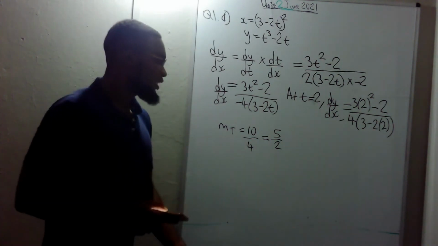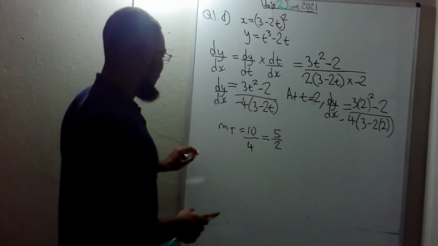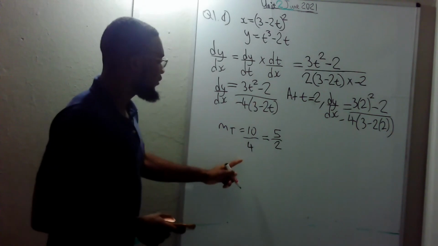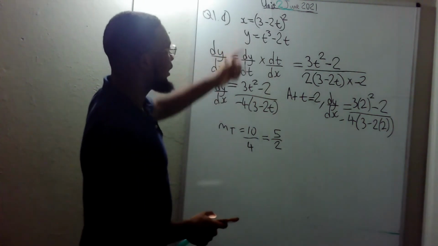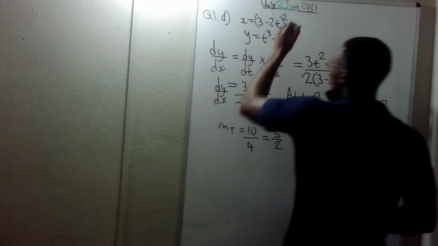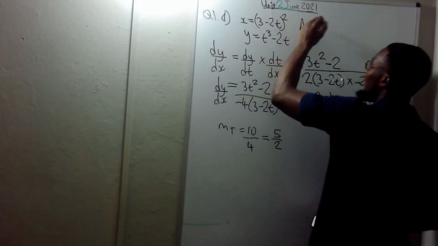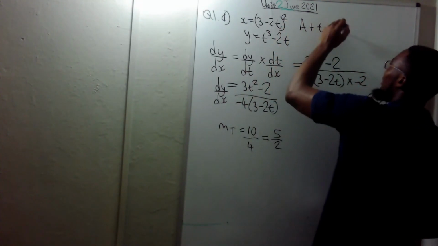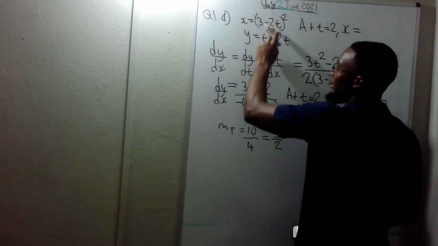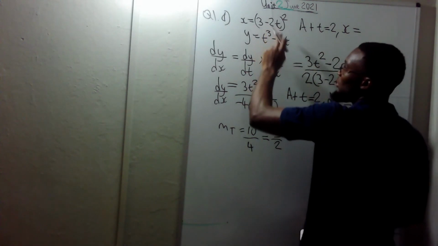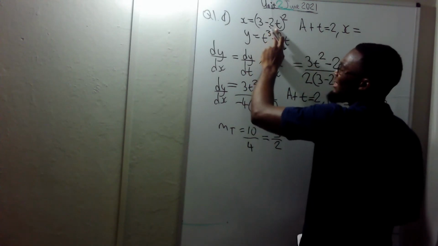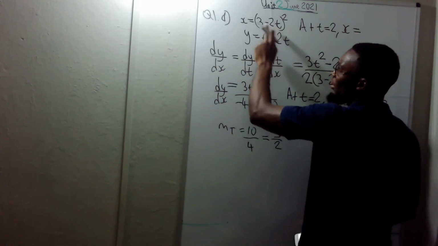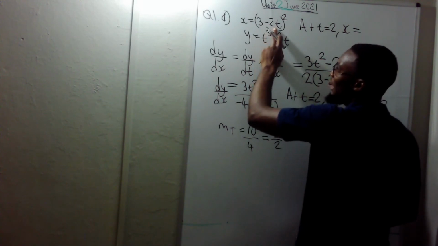Since the gradient of the tangent is 5 over 2, we also need to find now the x point and the y point at t equal 2. So at t equal 2, x is equal to, plug in 2 here, 3 minus 2 times 2. 2 times 2 is 4, 3 minus 4 is negative 1.